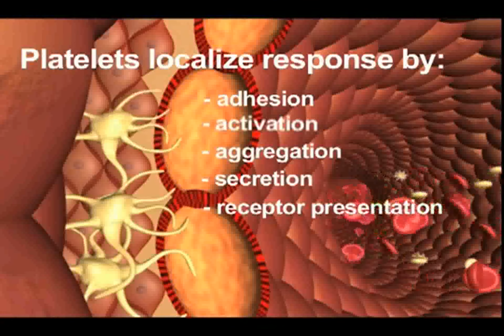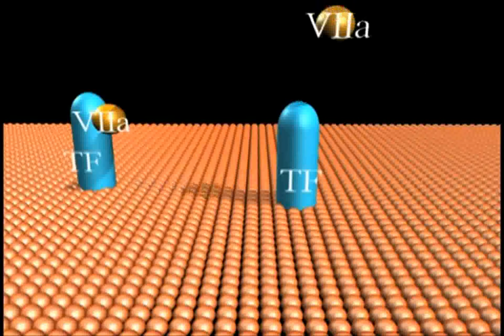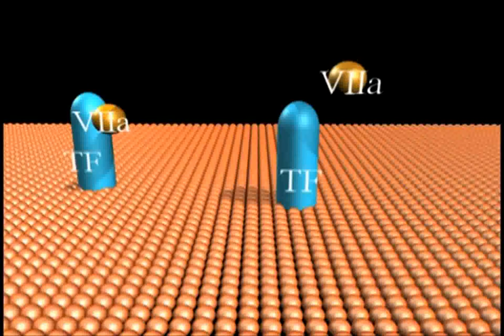Tissue factor, TF, expressed on extravascular tissue, binds pre-existent plasma factor 7A to activate two substrates, factor 9 and factor 10, to their respective enzyme products, factor 10A and factor 9A.